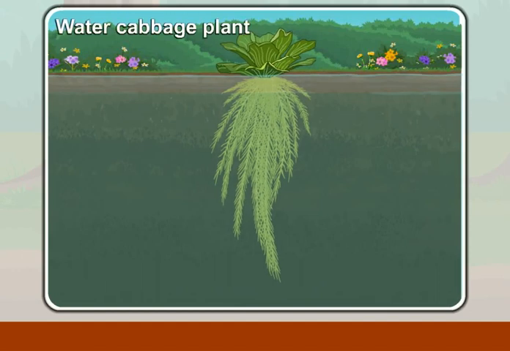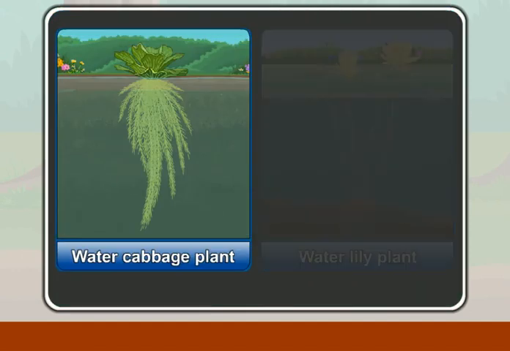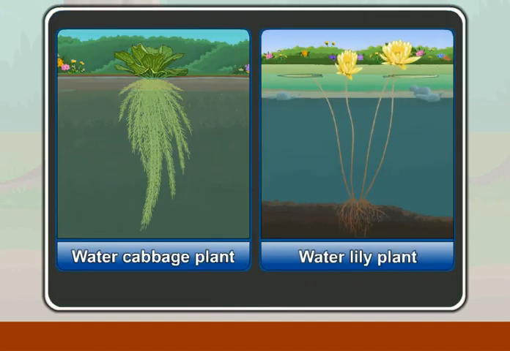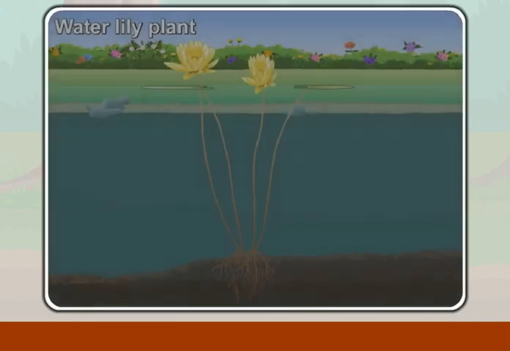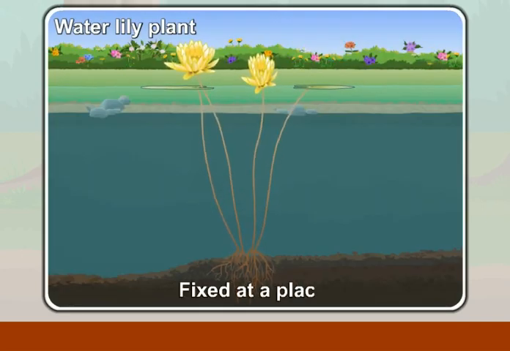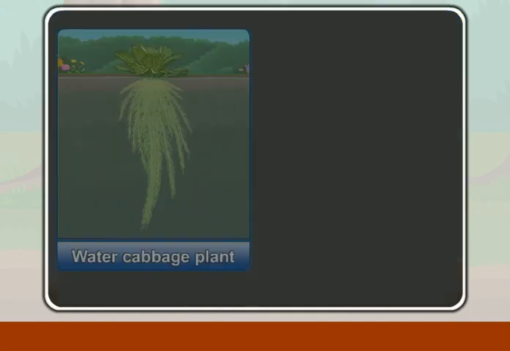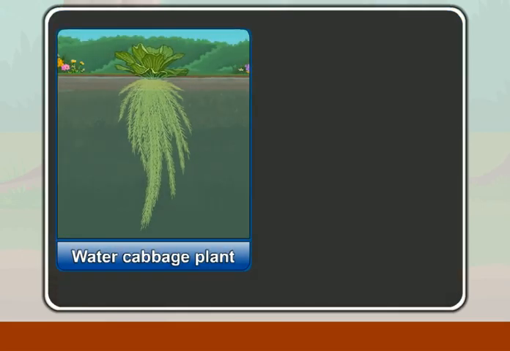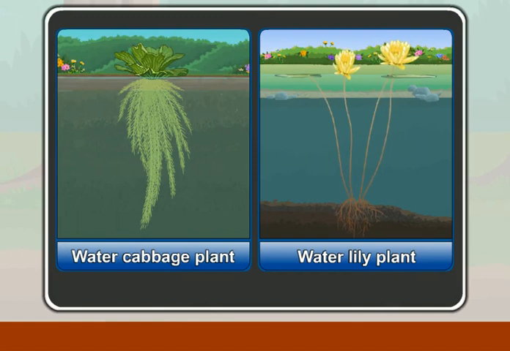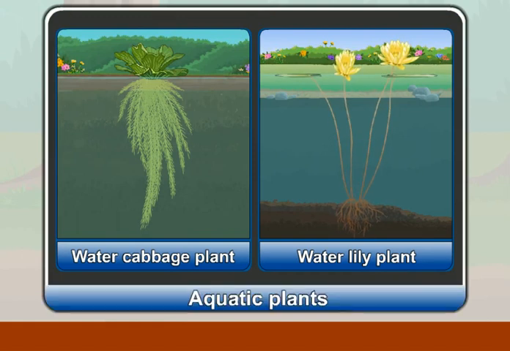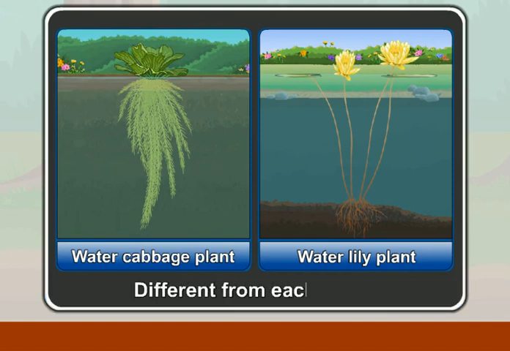Unlike the water cabbage, it is not floating on the surface of the water. It is fixed at a place. Both the water cabbage plant and the water lily plant are aquatic plants. But they are different from each other.